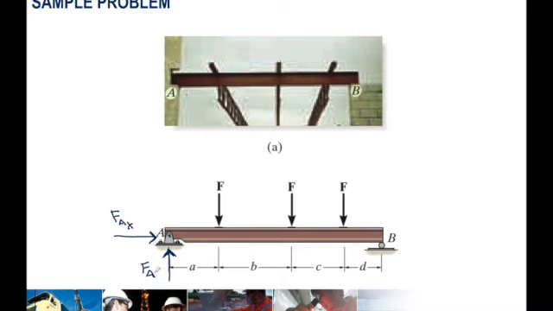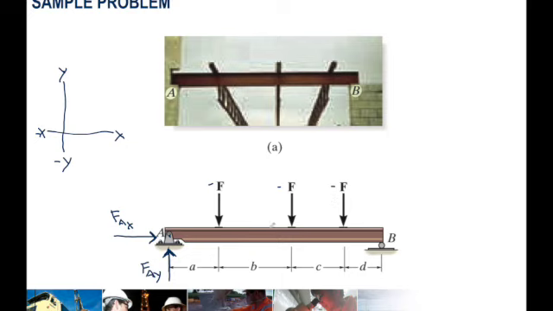The general idea is that the summation of all the forces along X and along Y must be equal to 0. If we draw an X and Y axis here, this is X, this is Y, this is negative X, and this is negative Y. You can see all the forces here are going negative Y. This is negative, this is also negative, and this is negative.